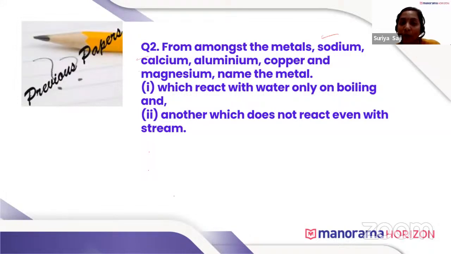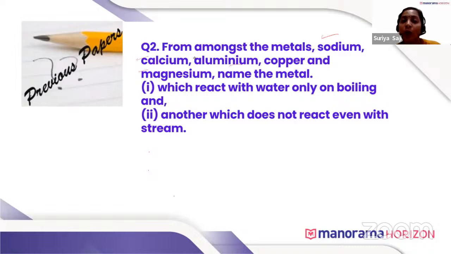Now, magnesium. Magnesium is also reactive, but if you consider that reactivity decreases down the group, right? Then aluminum is also there.